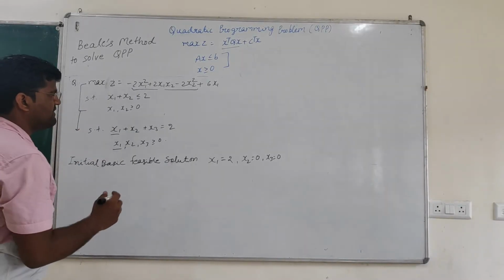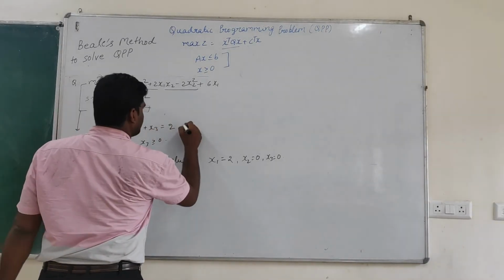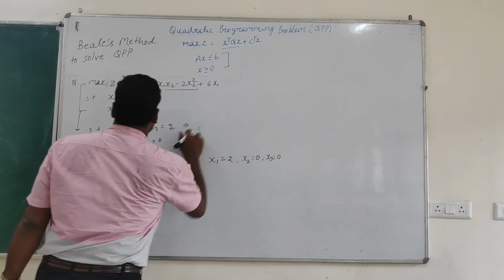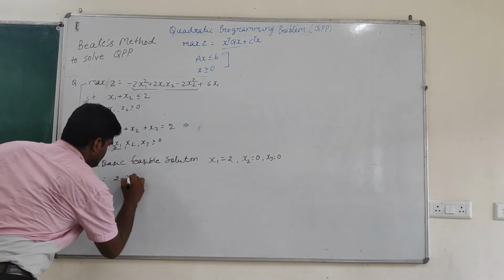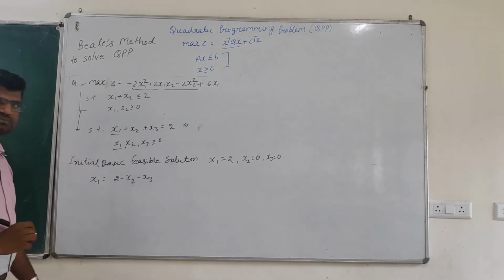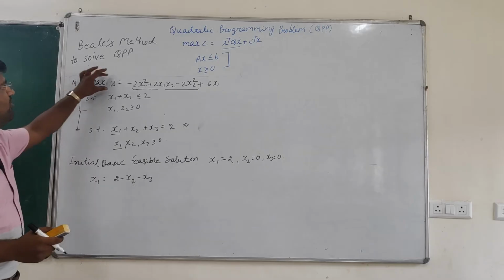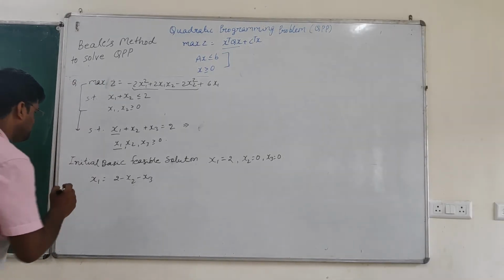Now this constraint can be written as x1 equals 2 minus x2 minus x3. Now we write our objective function in the form of non-basic variables.